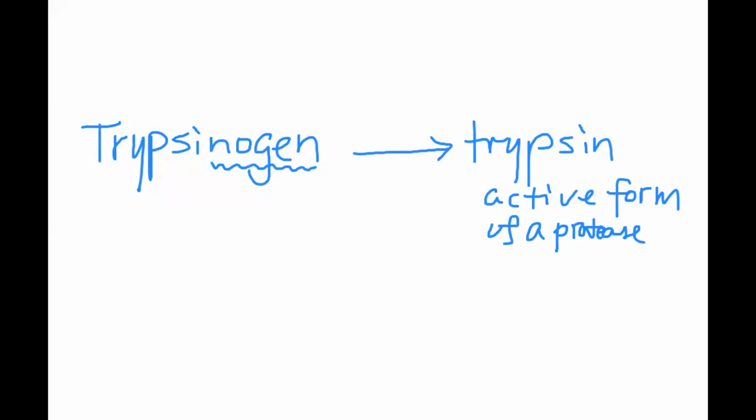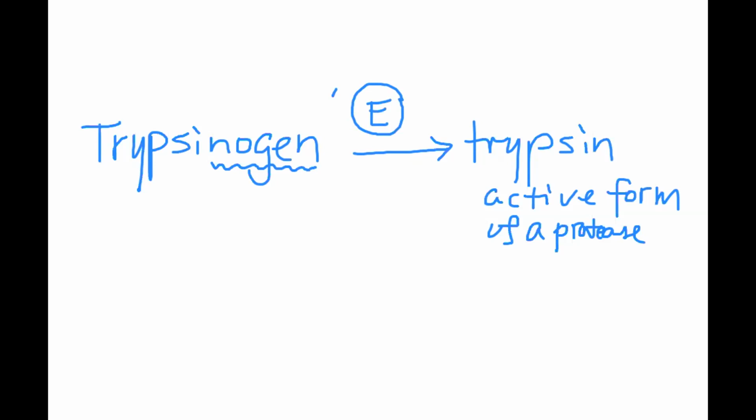All right. So this part of activation needs an enzyme. I'll give you this enzyme later. But this enzyme needs to convert the inactive form of trypsin to the active form of trypsin.